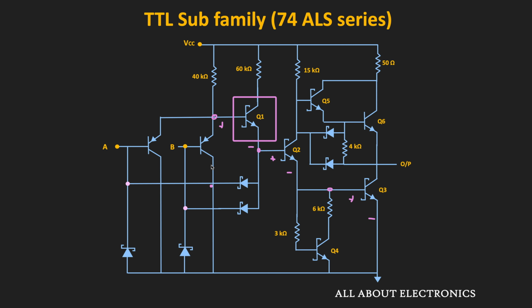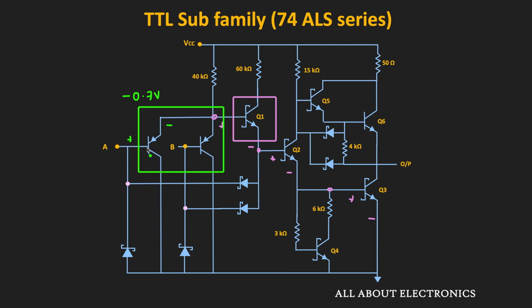But to compensate that, here these PNP transistors were introduced. So here, these transistors are used in the emitter follower configuration. So here, for these PNP transistors, this VBE drop will be negative, that is equal to minus 0.7 volt. And due to that, this additional VBE drop will get eliminated, because here we are applying the input at the base of this PNP transistor.